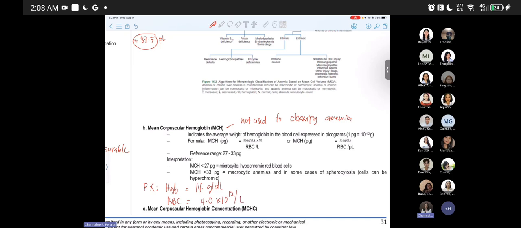Applying the formula, hemoglobin 14 times 10 divided by 4.0 equals 35 picograms. The reference range is 27 to 33 picograms. If less than 27, microcytic, hypochromic. If greater than 33, spherocytosis or hyperchromic.